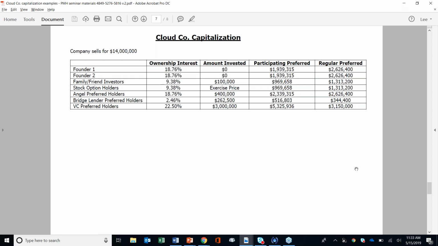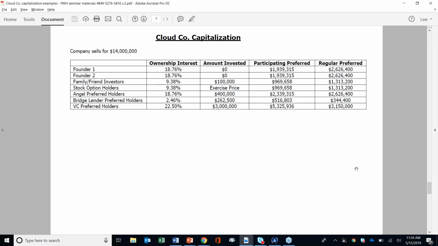The other investors, in particular the bridge lenders and the VC preferred holders, by taking regular preferred, suffered in the sense that while the founders and the family friend investors are making a pretty big return, and you've got $1.3 million going to the stock option holders, and the angel preferred investors have also done relatively well at $1.2 million, you've got the bridge lender and the VC preferred holders barely getting their money back.